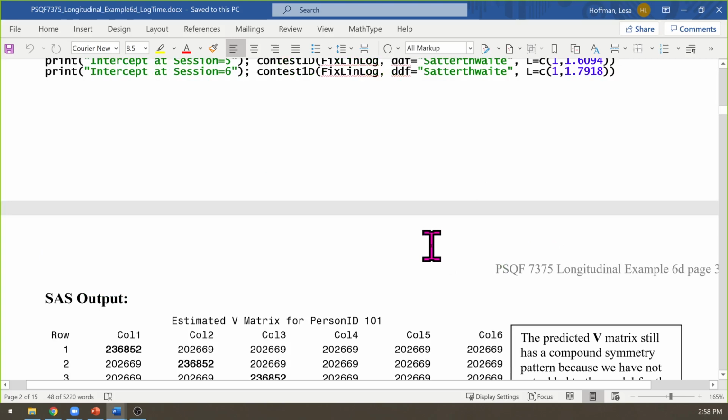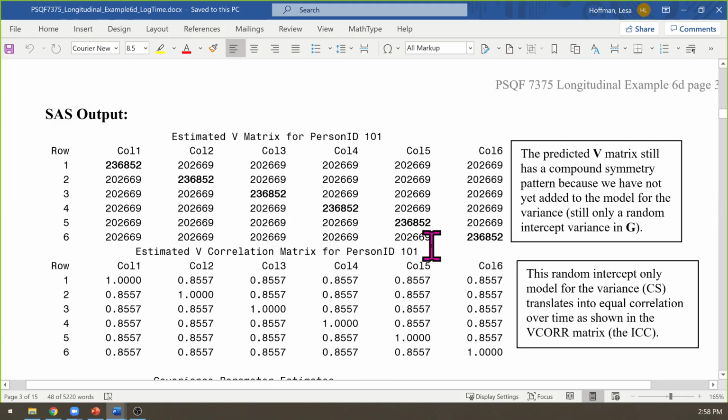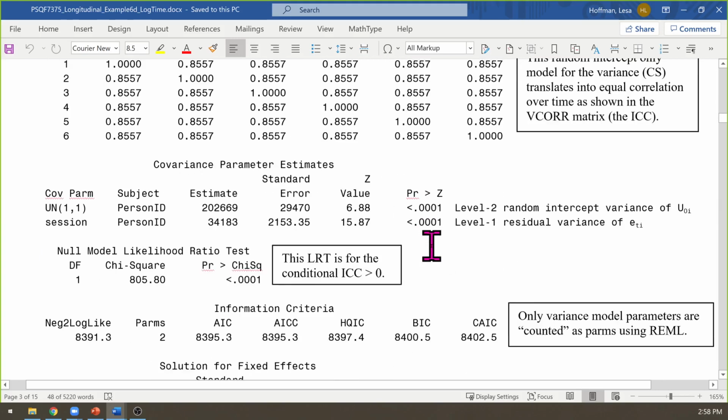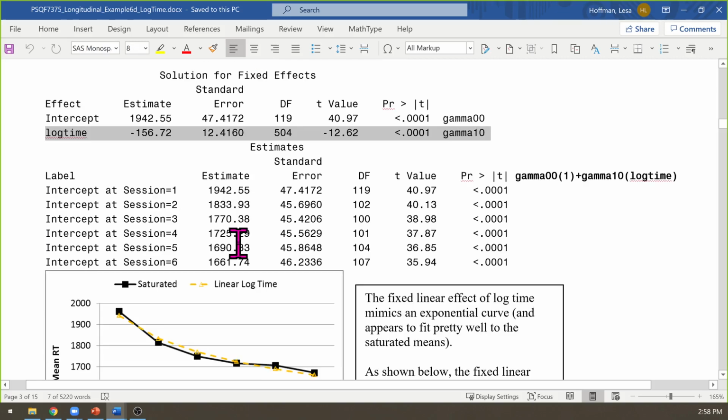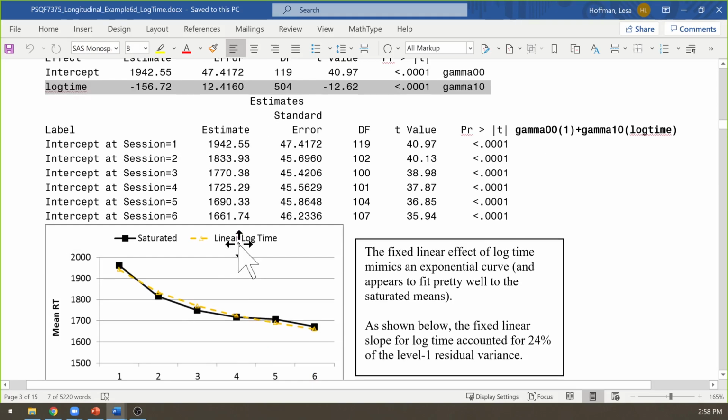The V matrix is compound symmetry, because all I've got is a random intercept so far. And here's the result. Response time is predicted to decrease by 156 milliseconds per log time. That's what it means. Here's a picture.